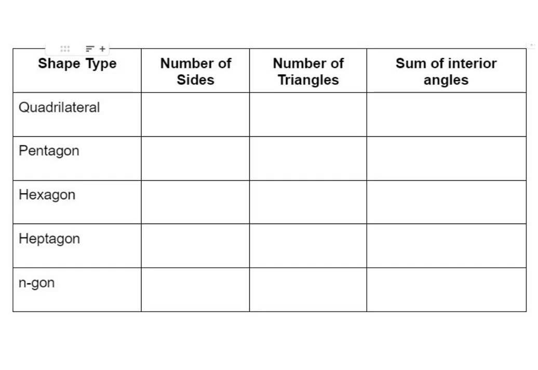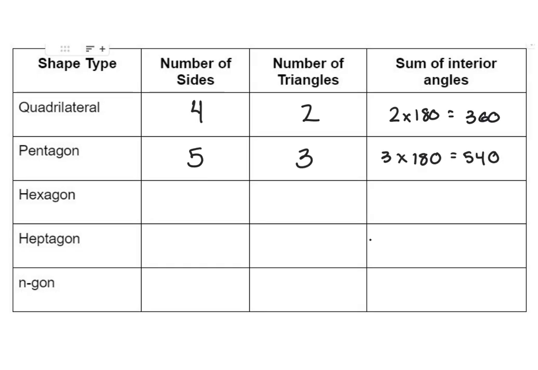So, into our table. A quadrilateral has 4 sides. Number of triangles formed would be 2. And the sum of your interior angles would be 2 times 180, which is 360. A pentagon has 5 sides, 3 triangles can be formed, and so 3 times 180 is 540.